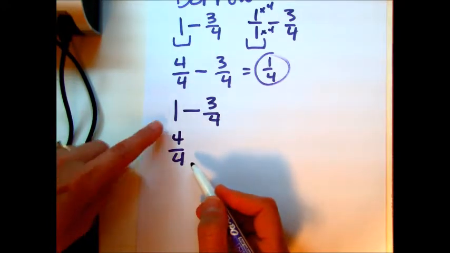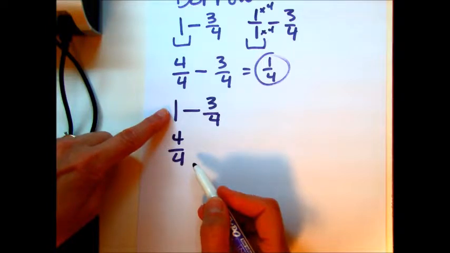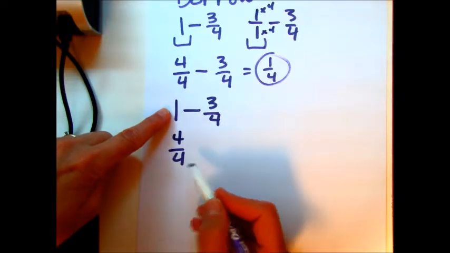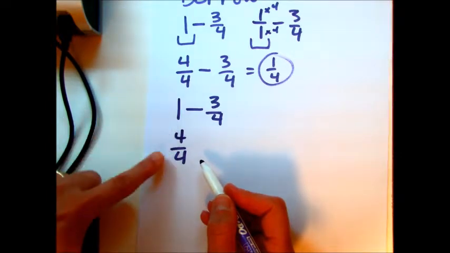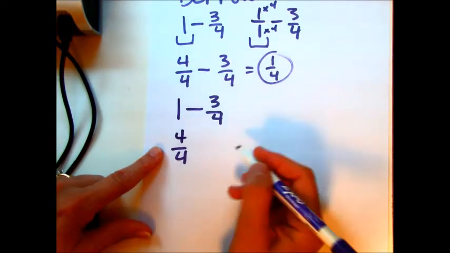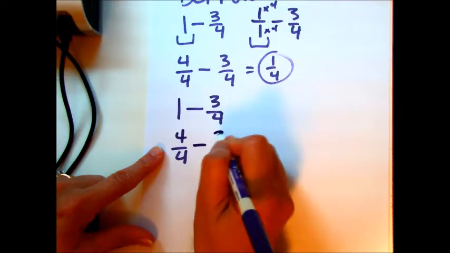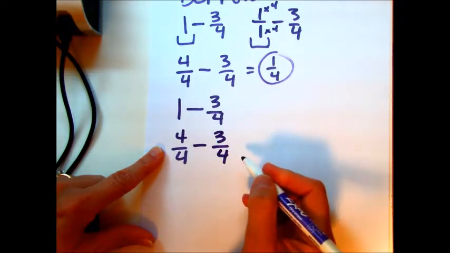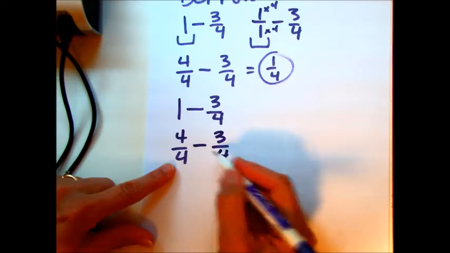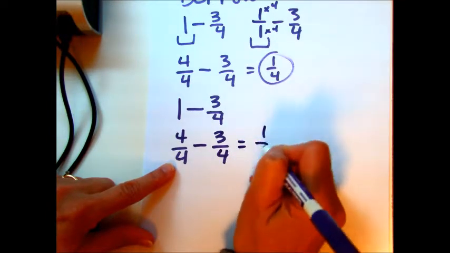And so I've just taken this 1 and rewritten it into a form that continues to have the value of 1, but it just looks a little different. And it's in the form so that I don't have to change the denominators anymore. They're both fourths, and then I can just subtract.